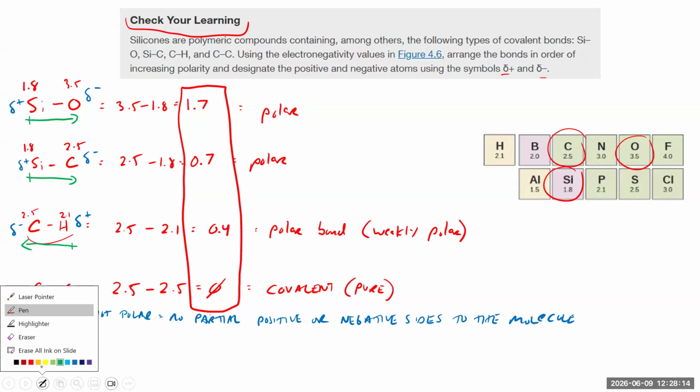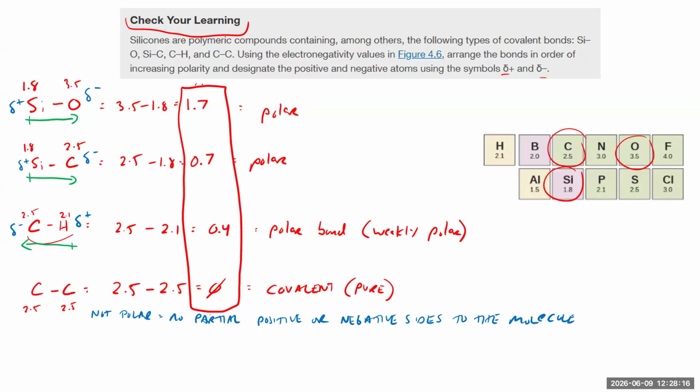All right, so now let's go back to looking at these values. We're going to go from increasing polarity. So increasing equals small to large. We're going to say the carbon-carbon bond is first. The carbon-hydrogen is second because that's 0.4.